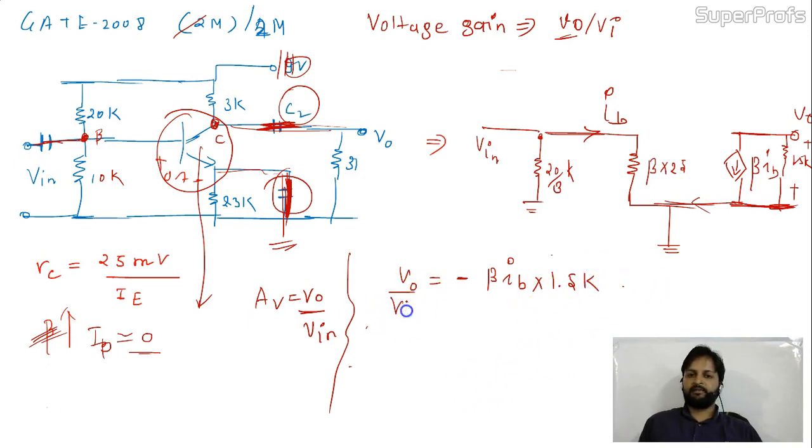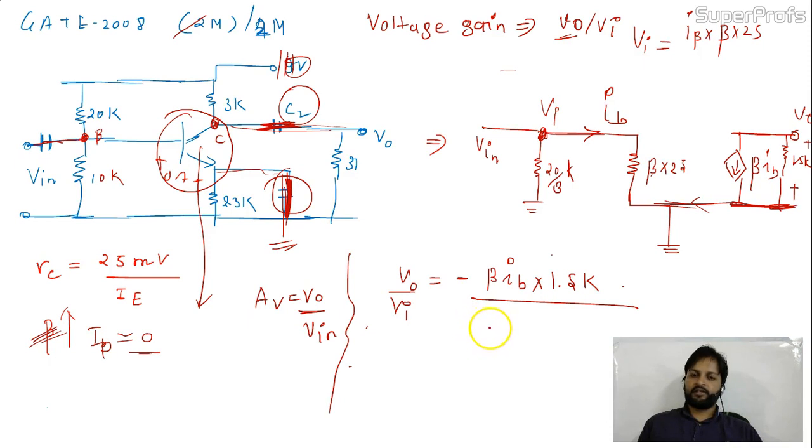Now we'll divide by VI. What is VI? Again, we'll start with VI, we'll go to the ground. So VI minus IB into beta into 25, and this is ground. Everything is over. So this is equivalent to this.